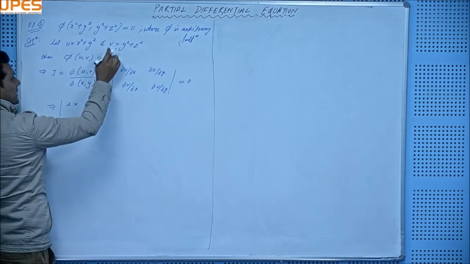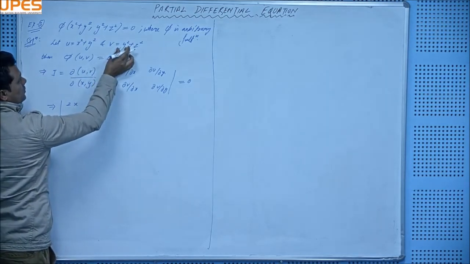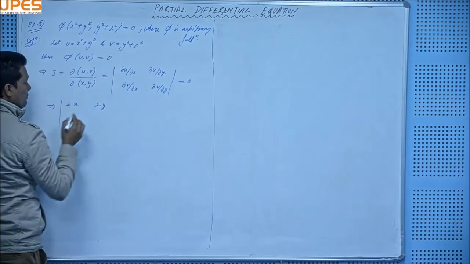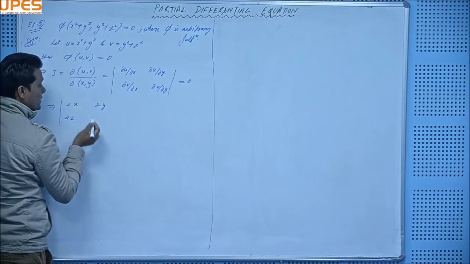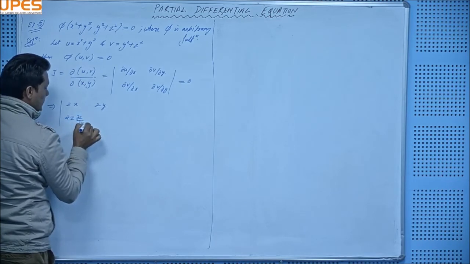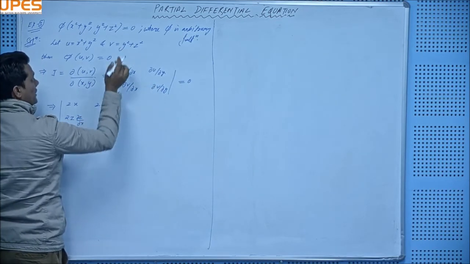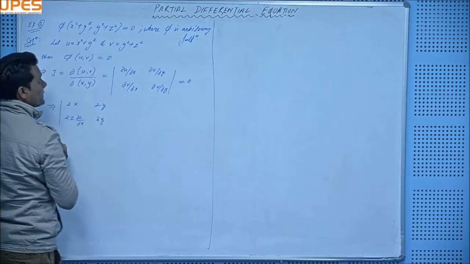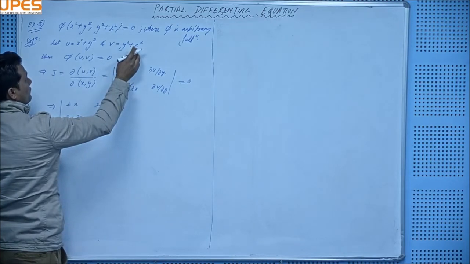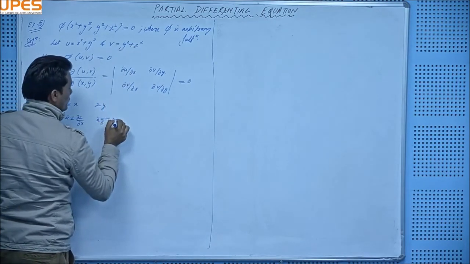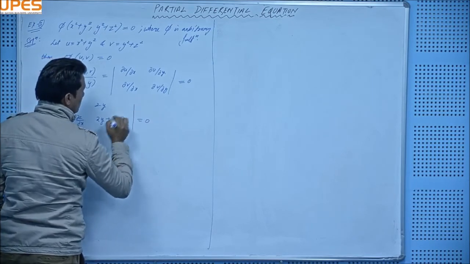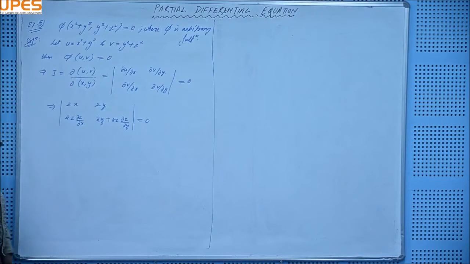Del v over del x: obviously the differentiation of the y square term with respect to x will be 0, but the z square term is not 0. Differentiation of z square will be 2z del z over del x. Similarly, del v over del y will be 2y plus 2z del z over del y, equal to 0. So be careful while calculating the derivative.